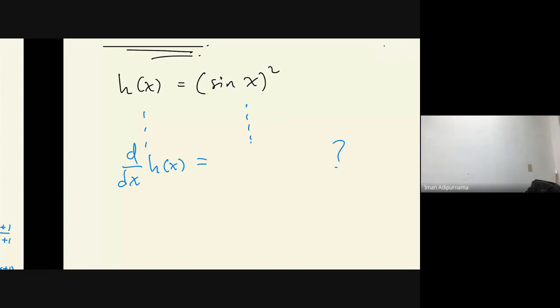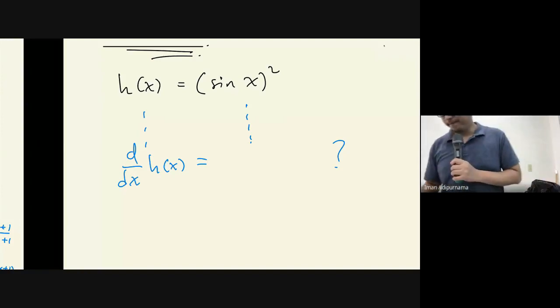And then? Any different answer from that? Okay, just to make sure, 2 sine x and then cos x.